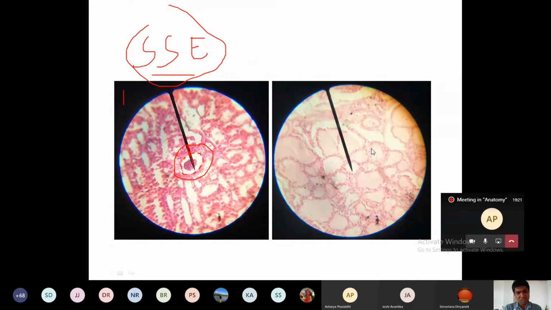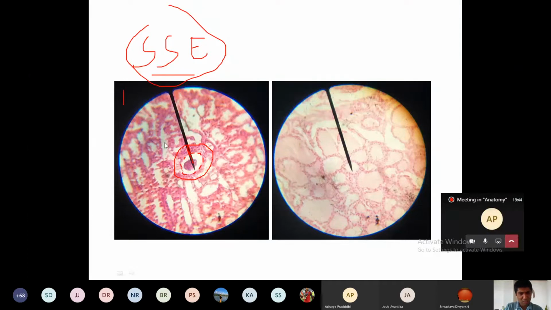You may be confused because you have already seen the section of this tissue, and you have studied the whole tissue together, isn't it? You have finished the endocrine system histology as well, I think, and renal system histology as well. So you may be confused because you have mixed-up knowledge now: first MBBS knowledge, second MBBS knowledge.